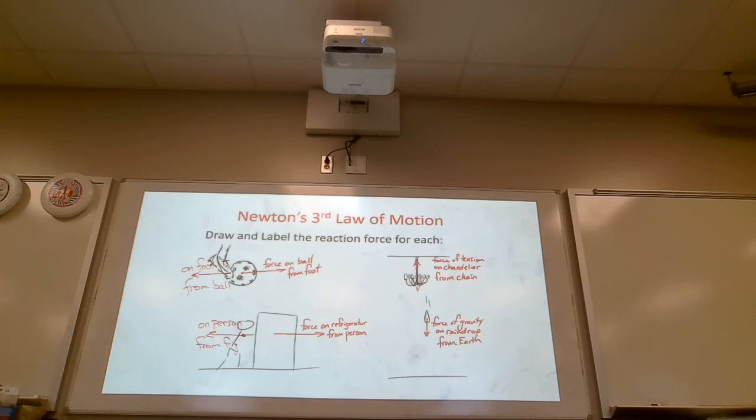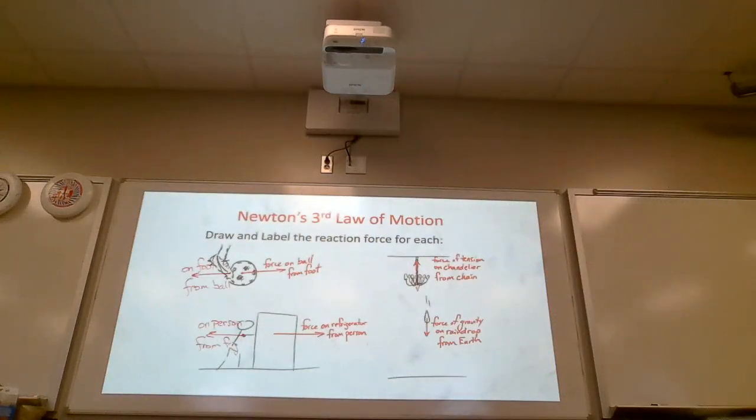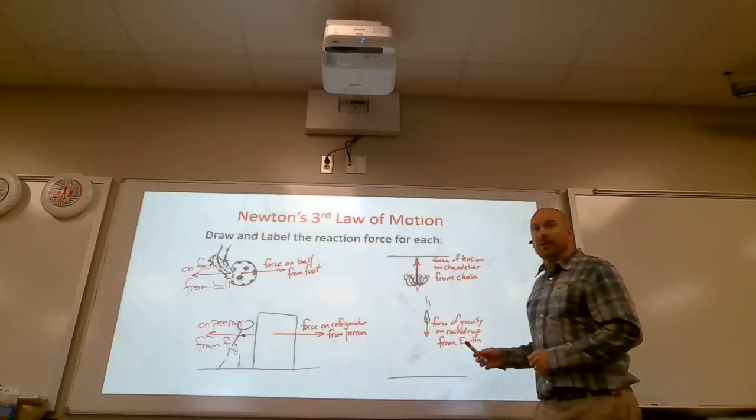The answer's up on the board. Your Earth. We'll talk about this next semester when we start talking about planets and such. But the fact that the Earth is so massive, that's what creates gravity. So there's a force of gravity on the raindrop from the Earth.